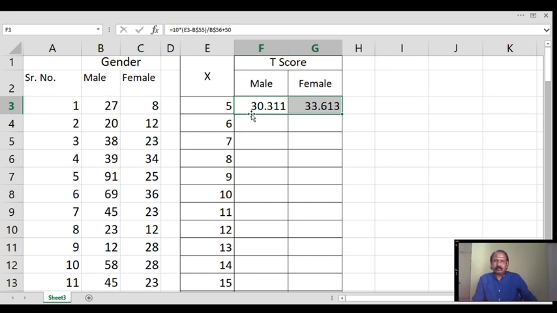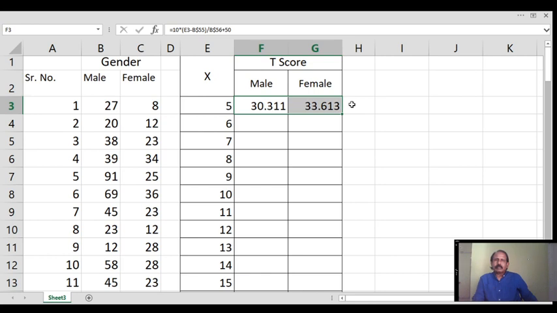We will copy these two cells, and after that, as we have discussed in previous videos, to copy and paste the formula, we just bring the cursor over the tiny square that is seen at the lower right side of the selected cell.